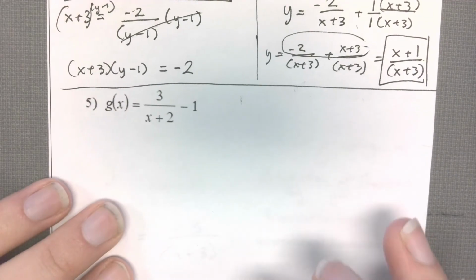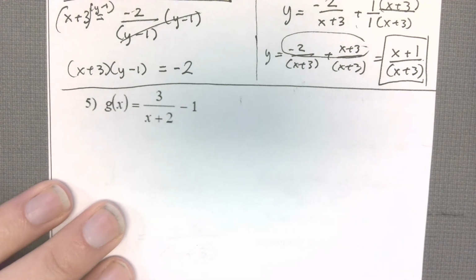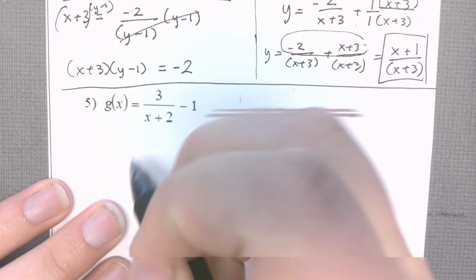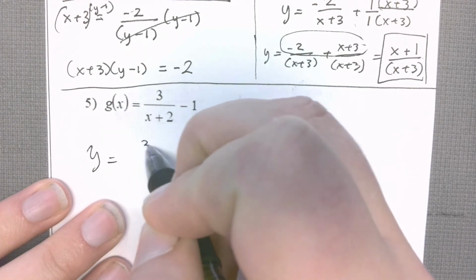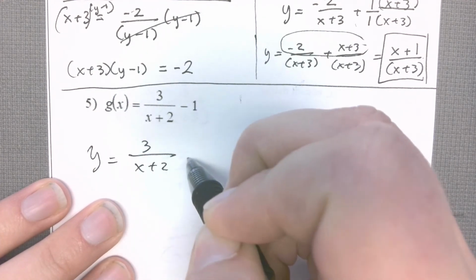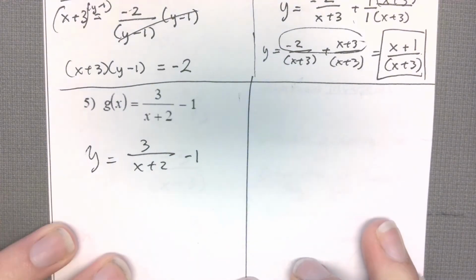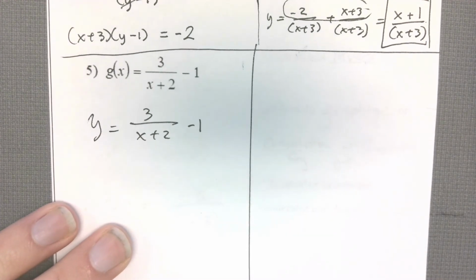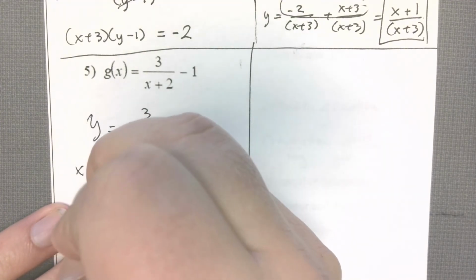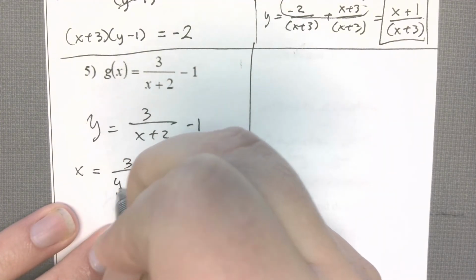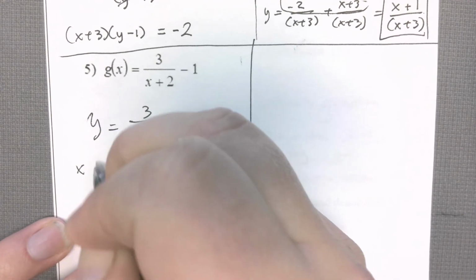Let's rock and roll. Step 1, change to a Y. Thank you. Boom. Step 2, switch. Switch what? The X and the Y. Add 1. Go Holloway.